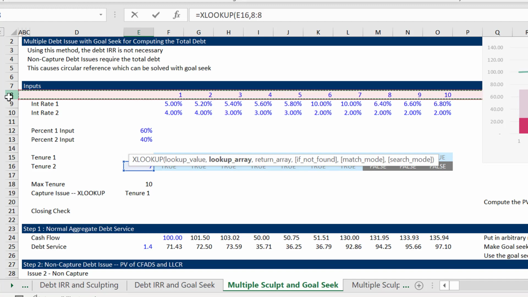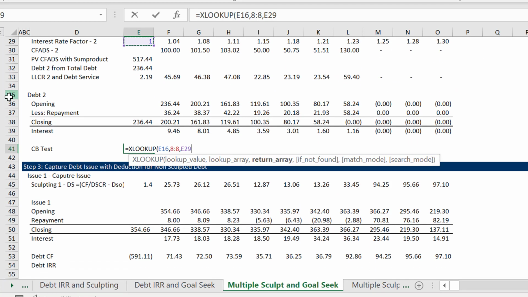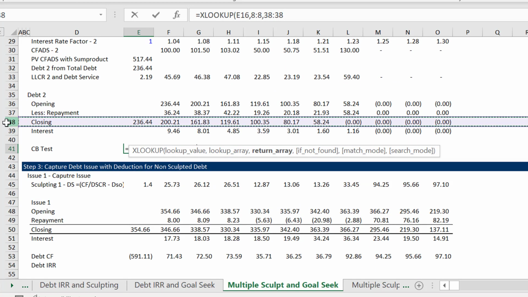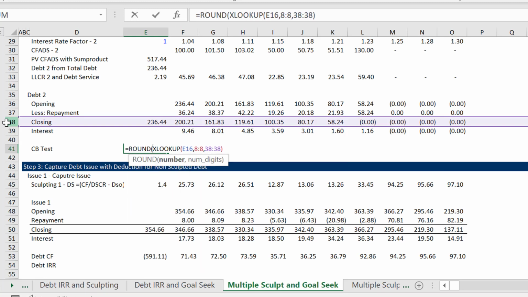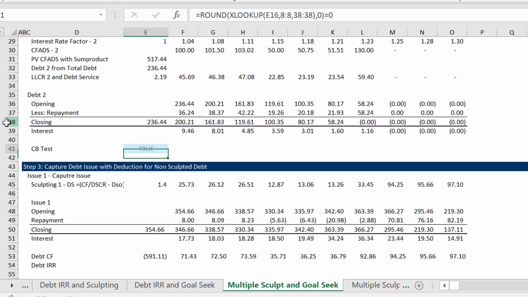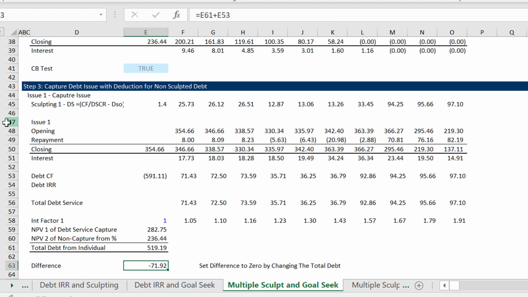We click on the whole amount of the period, and we click on that, and we get something very close to 0. And then let's put a round on this, of course. This comma 0 equals 0. And oops, I didn't mean to put minus, I meant to put equal. And we got our first test, and let's do the same thing for this one.